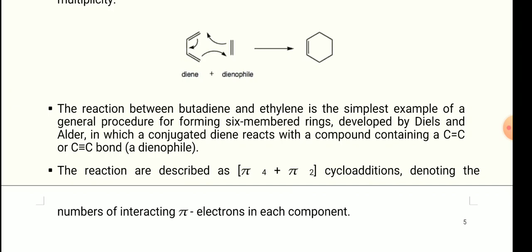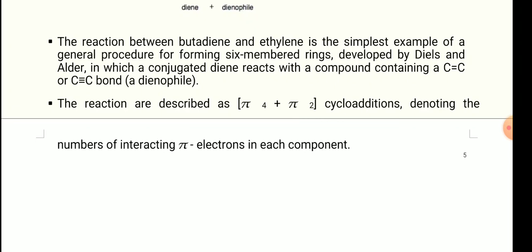So the reaction between butadiene and ethene or ethylene is the simplest example of the general procedure of 6-member ring formation, that is cyclohexene, developed by Diels and Alder, two scientists, in which a conjugated diene reacts with a compound containing just a double bond or triple bond to form a cyclic adduct. And as it was first discovered by Diels and Alder, this type of reaction is called the Diels-Alder reaction.